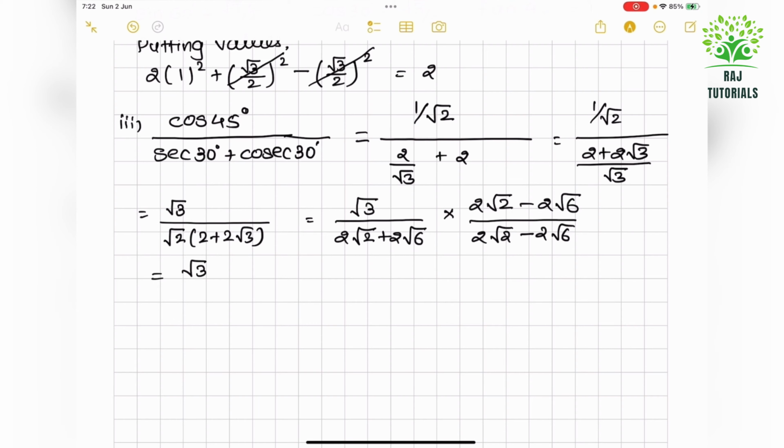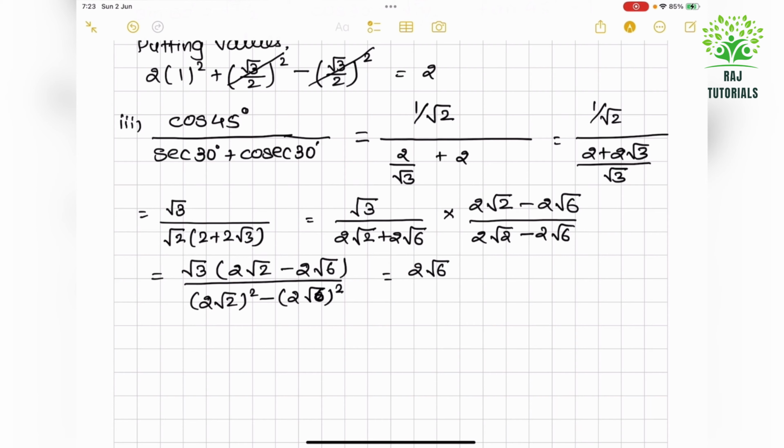So this I will get as root 3 into 2 root 2 minus 2 root 6 upon 2 root 2 whole square minus 2 root 6 whole square, a square minus b square.